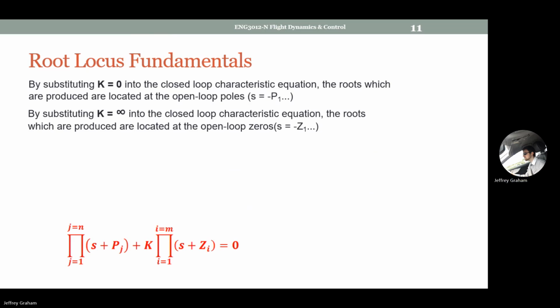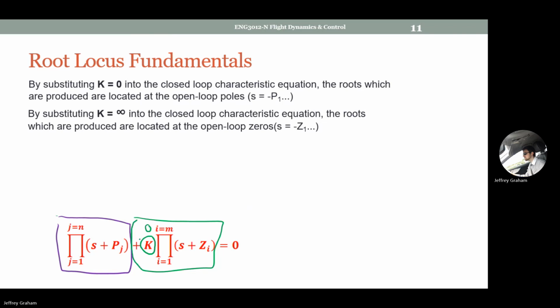Right. If you read the top, if you set the gain value to 0, you are effectively producing the poles only, because you've got this block getting added to all of this.